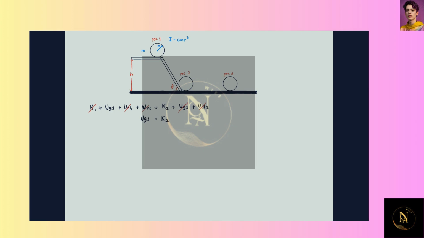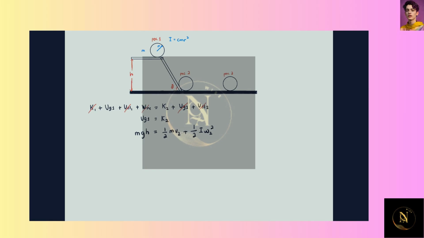Substituting the equations for potential energy and kinetic energy, we have mgh equals 1/2 m v sub 2 squared plus 1/2 the moment of inertia times angular velocity squared.